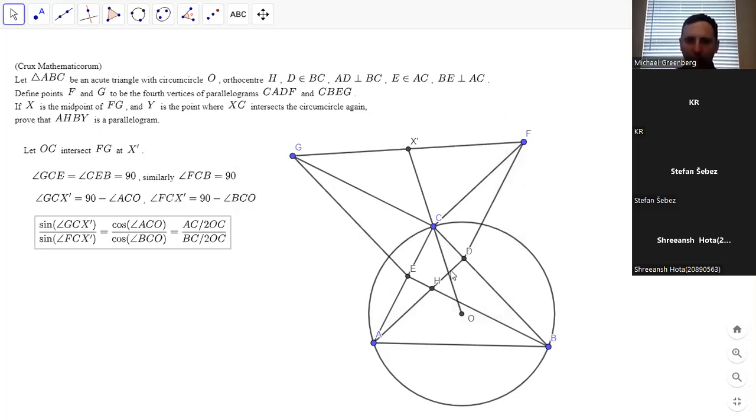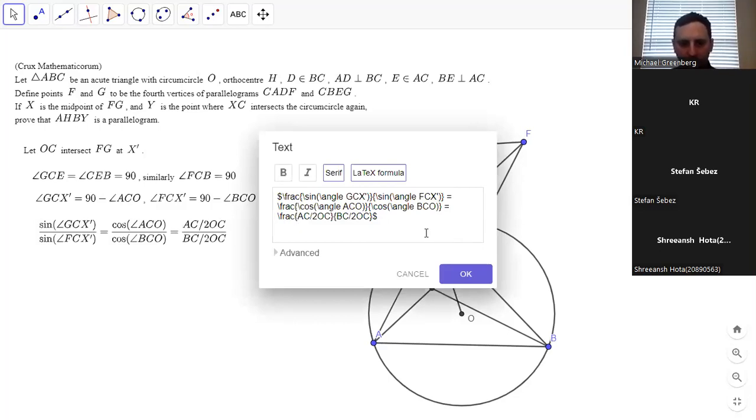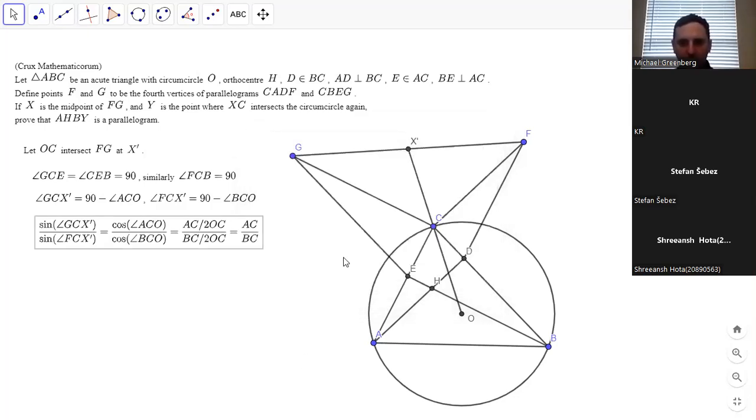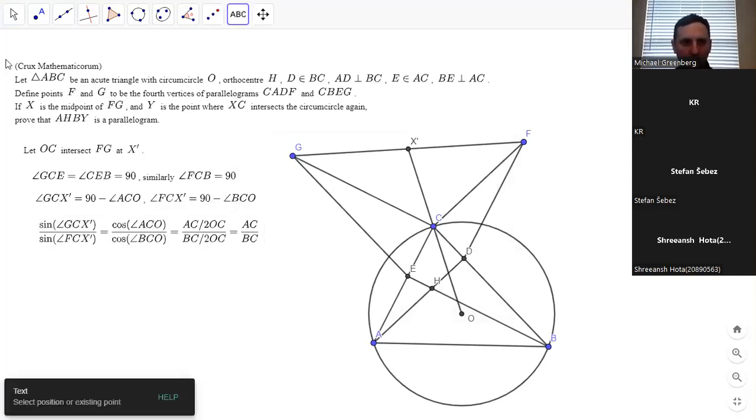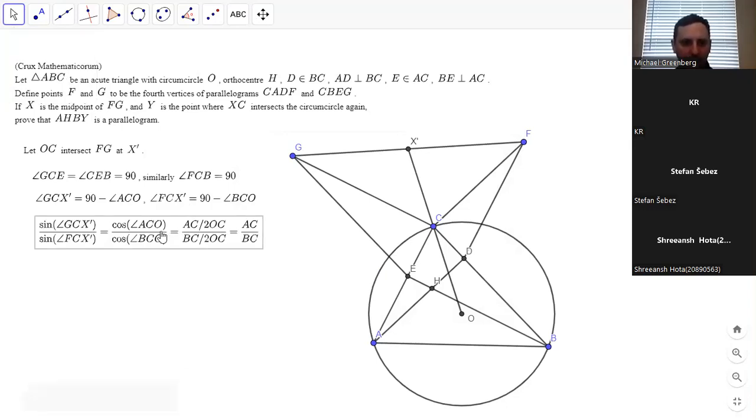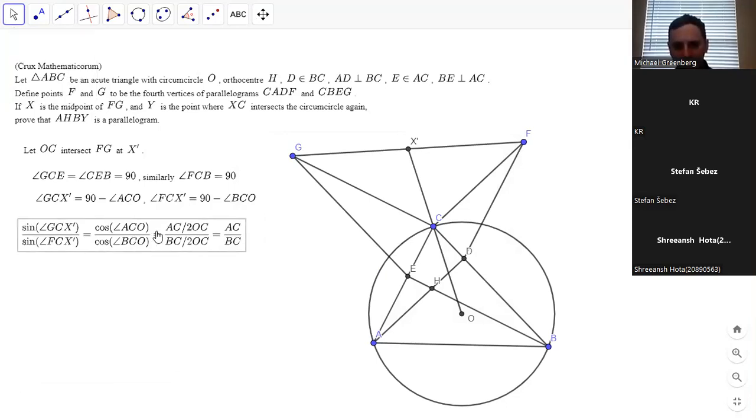And that's got to turn out to be, because these two triangles are similar, AC over BC. Okay, so I'll just write this out. So this is AC over BC, and then triangle ADC is similar to triangle BEC. Actually, I think that's kind of obvious. So I'll just say AC over BC is CD over CE.